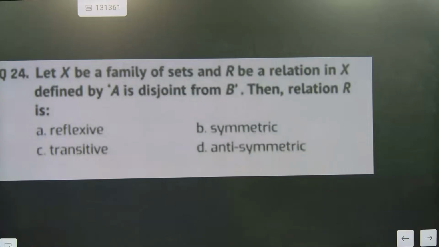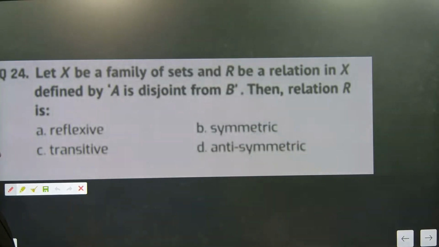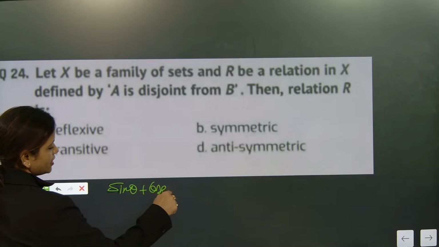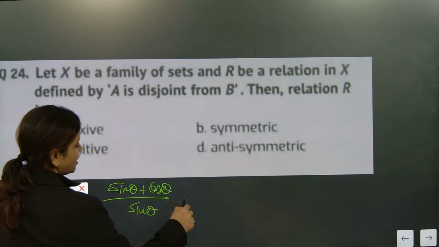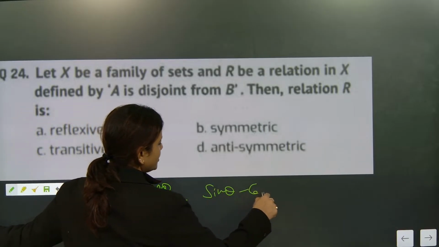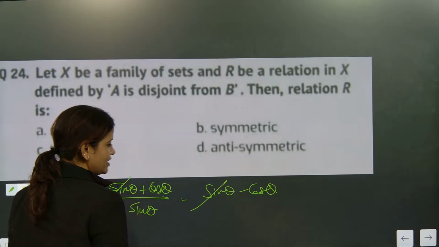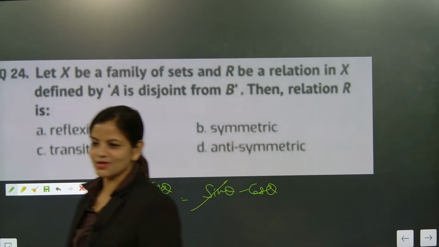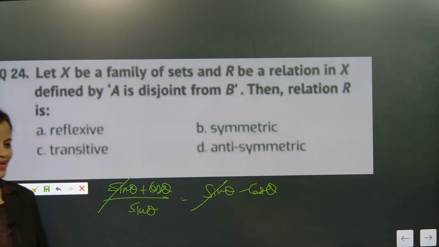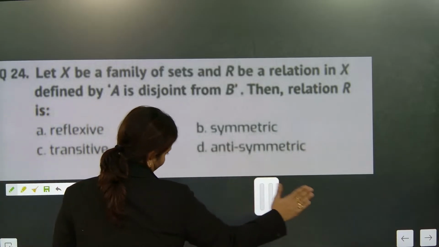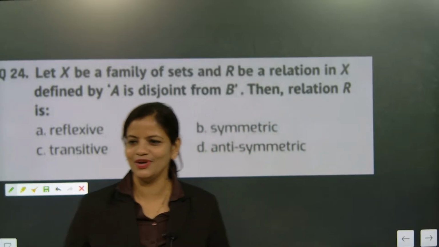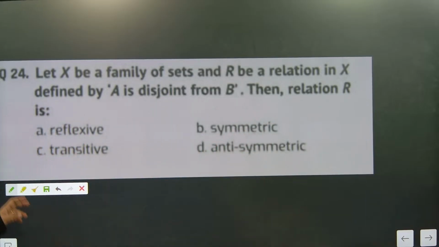They write like this: sine theta plus cos theta by sine theta, after that sine theta minus cos theta, so sine theta automatically gets cut by them. How is it possible? And proudly they say that my answer is correct. I will not put a bulb in that. I will put fuel in that. It will burn nicely.